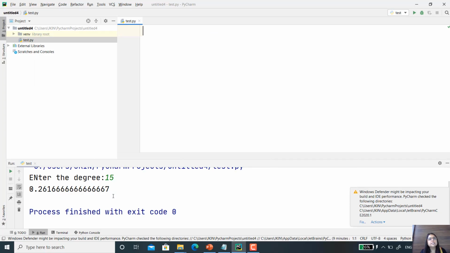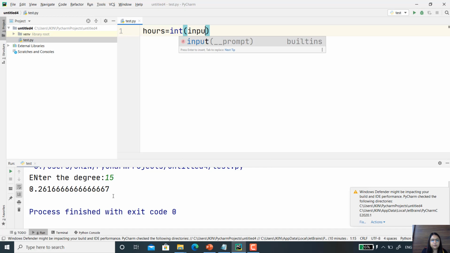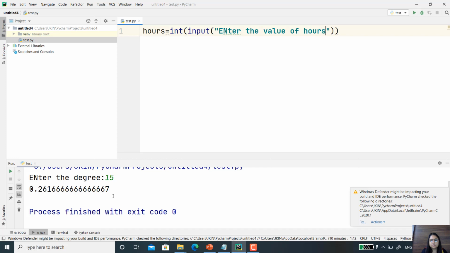See, I am using the same file, test.py. Now first of all the user will enter the number of hours. So I take one variable, hours, and this time I am taking an integer. You can take float also. Then input, enter the value of hours.